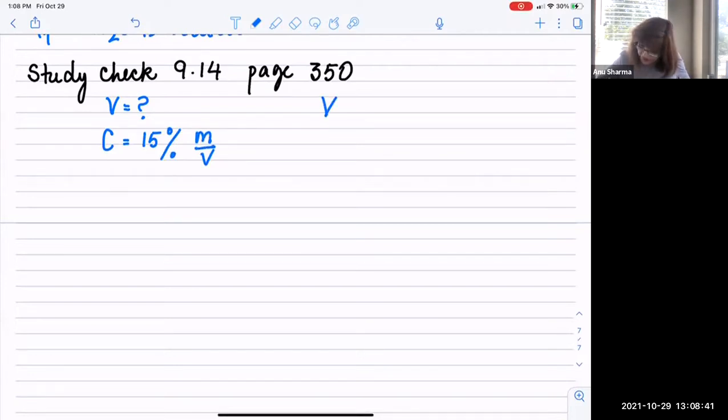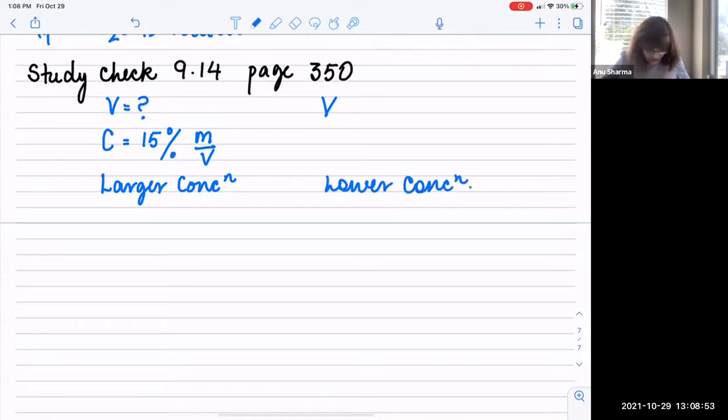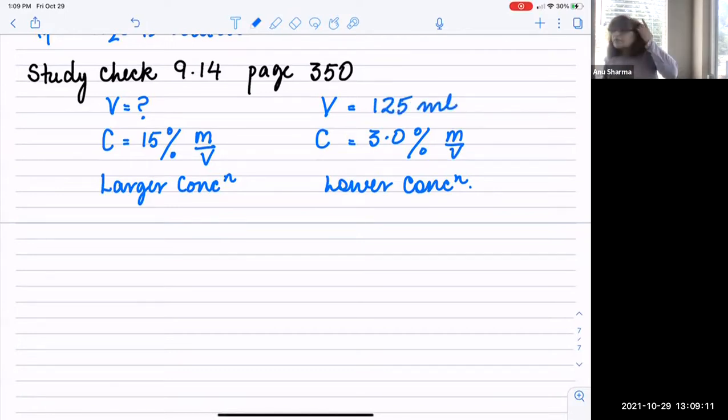So this is a larger concentration, and here is a lower concentration. The lower concentration is 3.0% mass by volume, and the volume you need is 125 milliliters.